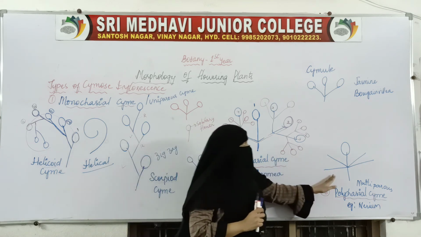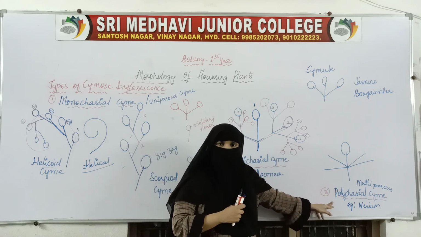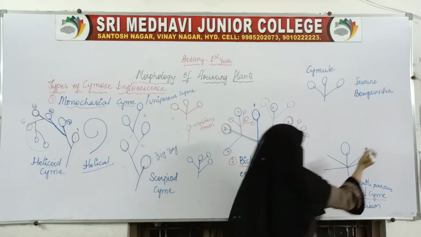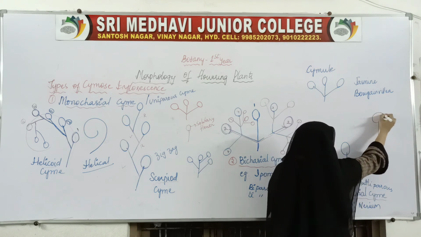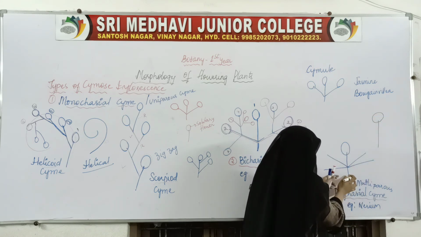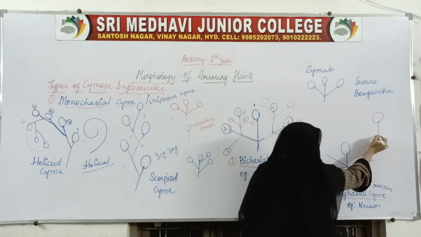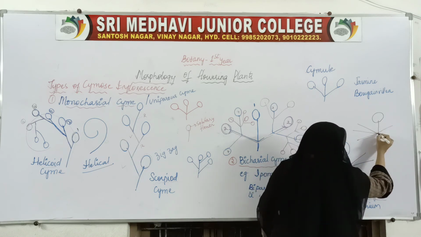Now the third one is polychasial cyme. See here, this is the main branch. It has terminated into a flower. Now this main peduncle is giving rise to branches. It is not giving two. 1, 2, 3, 4, 5, 6.